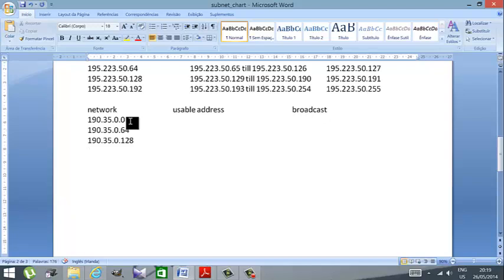128, 192. So now when you get to 192, if you add 64 again, we're gonna get 256. So 256 cannot be assigned to any network. So we take the third octet and we increase it by 1, and then this one becomes 0 again.